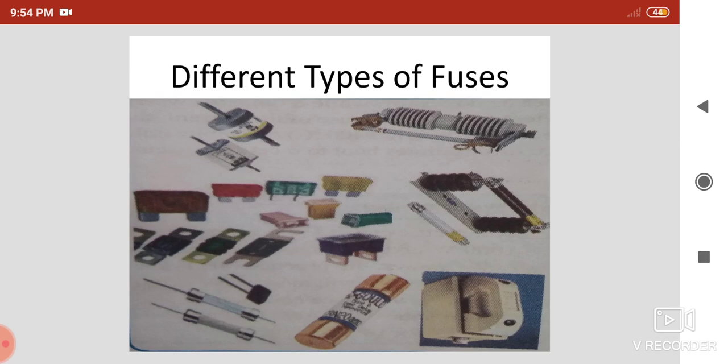Some fuses are not ceramic, but have glass covered with a covering. So different types of fuses are shown in the figure. You go through that, and you will find the different types of fuses in different appliances.